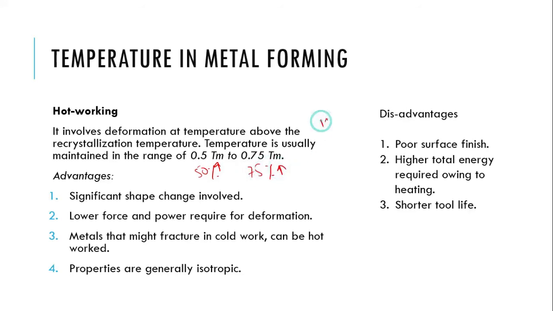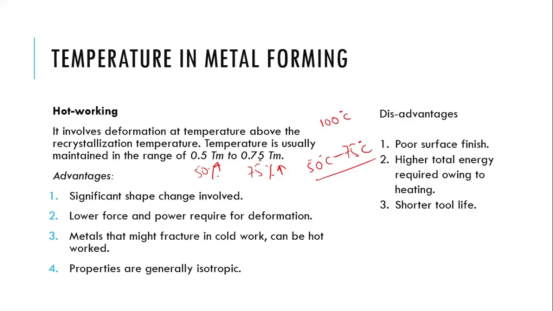Let's suppose a material is melting at 100 degrees centigrade. For hot working of that material, it should have a temperature between 50 degrees centigrade and 75 degrees centigrade, right? We don't exceed beyond this limit. Why is that so? Because when we deform the material, there's heat generation in the deformation as well.